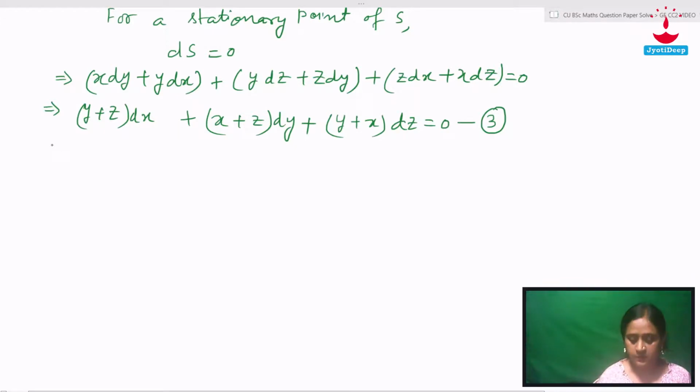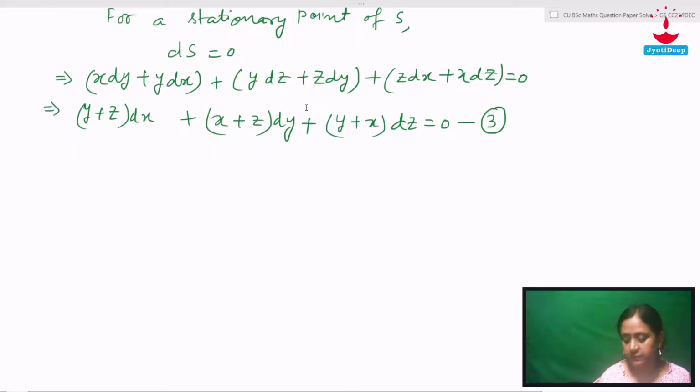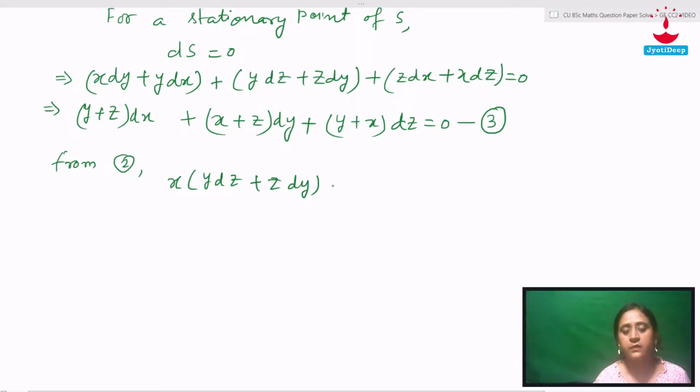Okay. Now from 2, xyz is equals to a cube. From 2 we are also differentiating. So we will get x into differentiation of yz, that is y dz plus z dy, plus yz into dx is equals to 0.